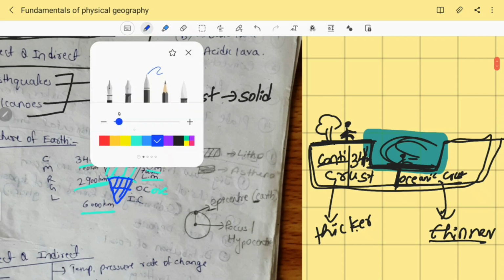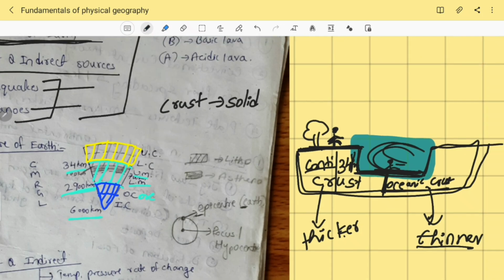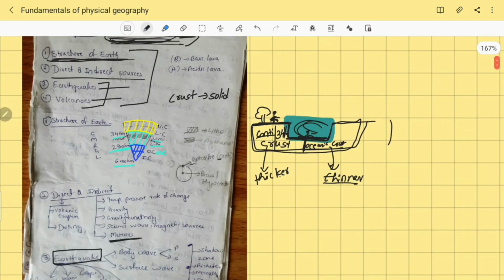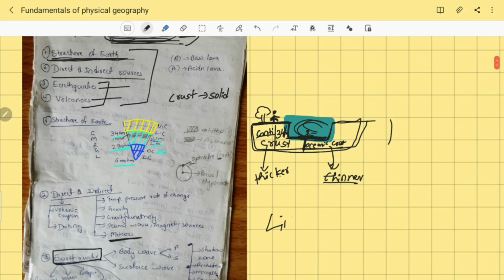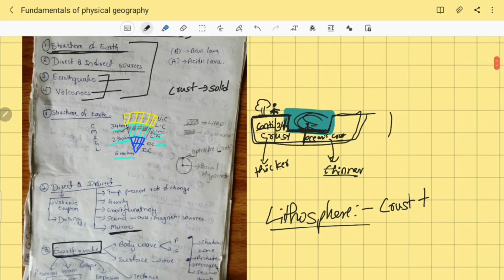Lithosphere is very simple. Let me write it here. Lithosphere. It is a combination of crust plus uppermost mantle. It's not upper mantle, it's uppermost mantle.